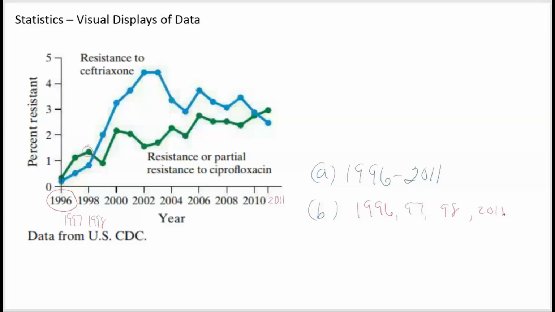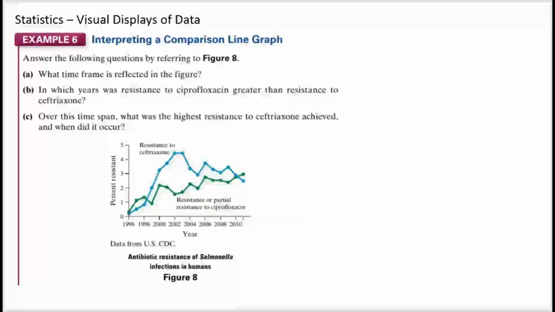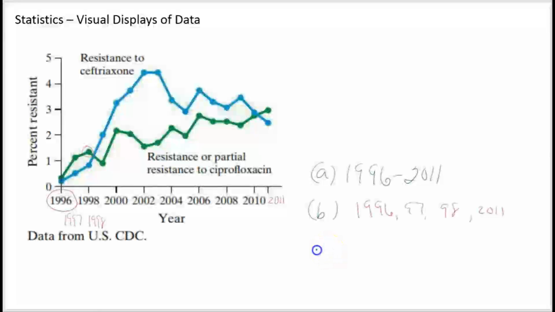Okay, let's go look at the third question. Over this time span, what was the highest resistance to the one I don't know how to pronounce at all, ceftriaxone, achieved, and when did it occur? Now notice the chart gives us resistance, and it asked about the blue one.